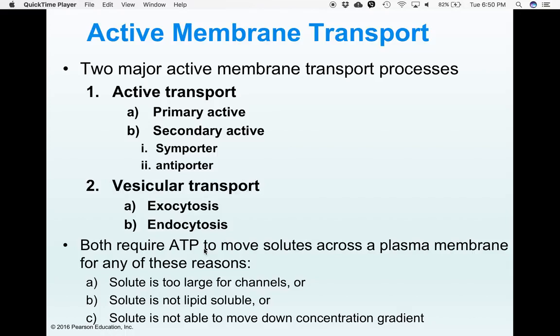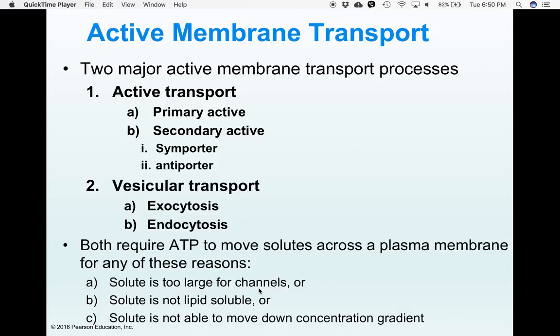The reasons you use active membrane transport are these. Either the solutes are too large for the channel, so they cannot pass through it, and you need to bring them in using endocytosis or remove them via exocytosis.